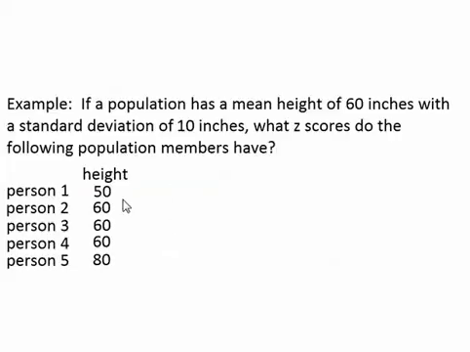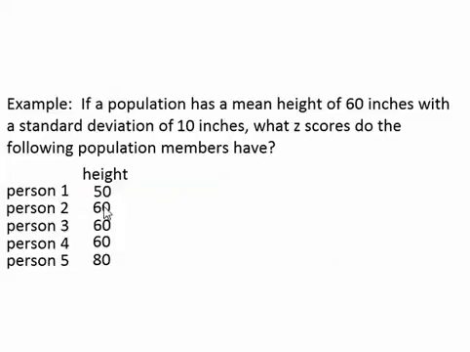Let's now look at an example in which the population mean is still 60 and the standard deviation is still 10, but the 5 heights have changed. Well, we know that this person who's 50 inches tall has a z-score of -1 because if you start at 60 and go down by 10, you get to 50.